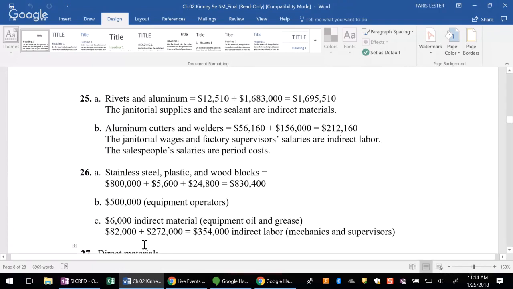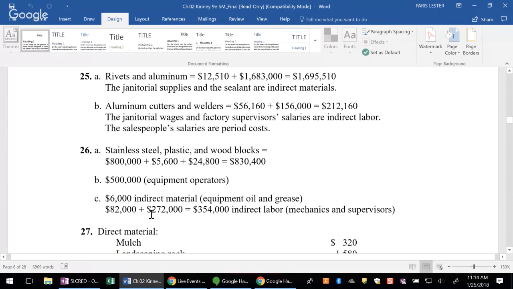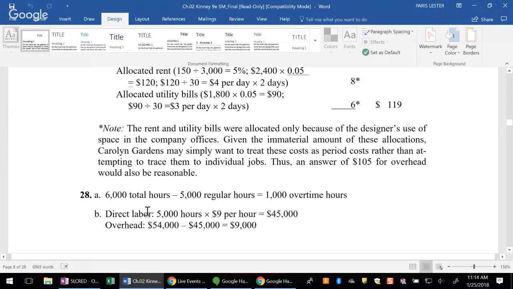Okay, somebody should have that first one, letter A, answered by now. What was the actual factory overhead cost? I think that's $430,000. Who got 400?